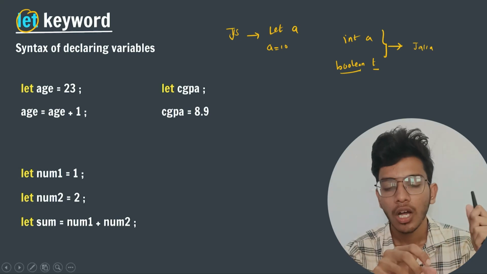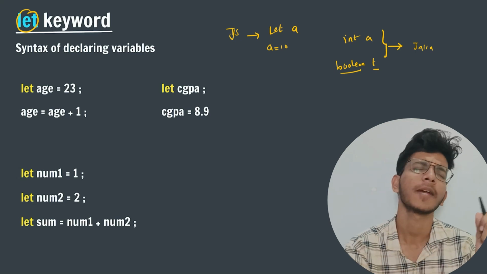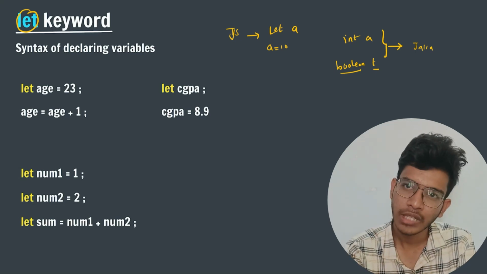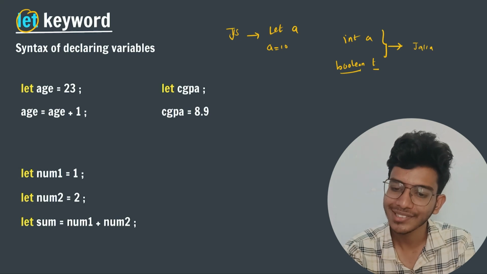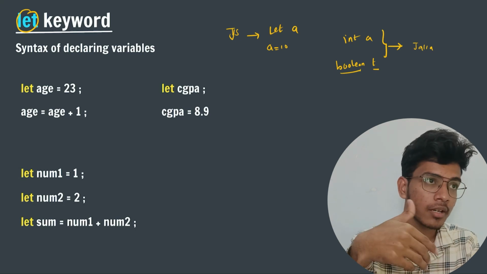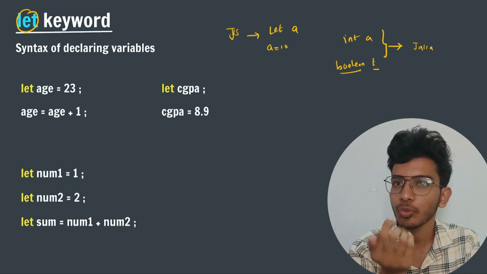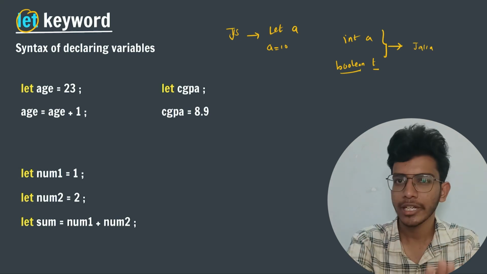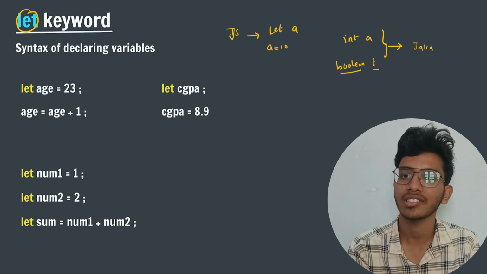What I mean is that JavaScript is kind of a loose language. We don't need to say this is an int, this is a float. But in Java, in C++, in many programming languages, we need to give the data type beforehand. But in JS we don't need to. JavaScript will understand automatically.